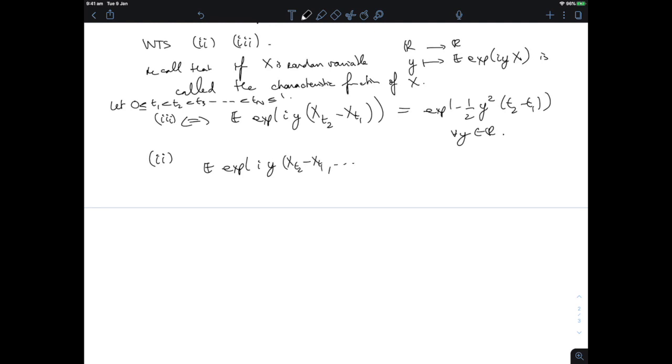So if you take the inner product of a vector y in R^(n-1) with this vector of random variables, take the exponential of that times the complex i, and then take an expectation, we need to show that this really is just a product of terms that only depend on the j-th increment, x_(tj+1) minus x_tj.